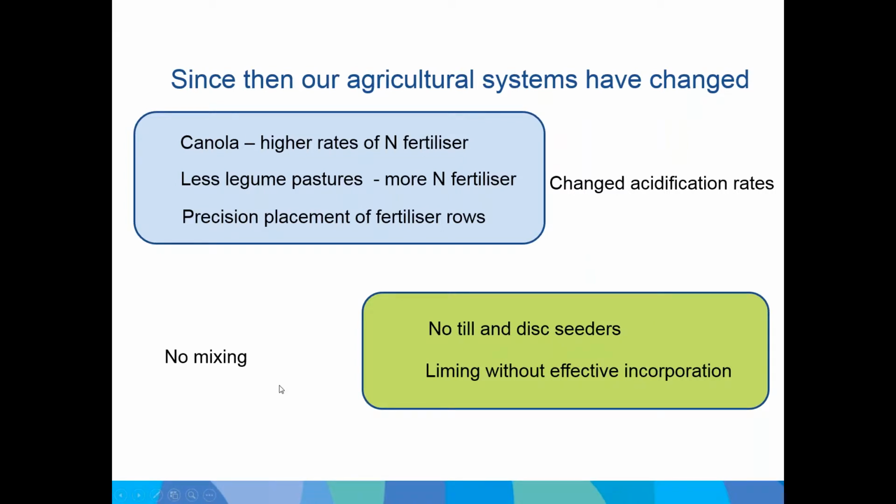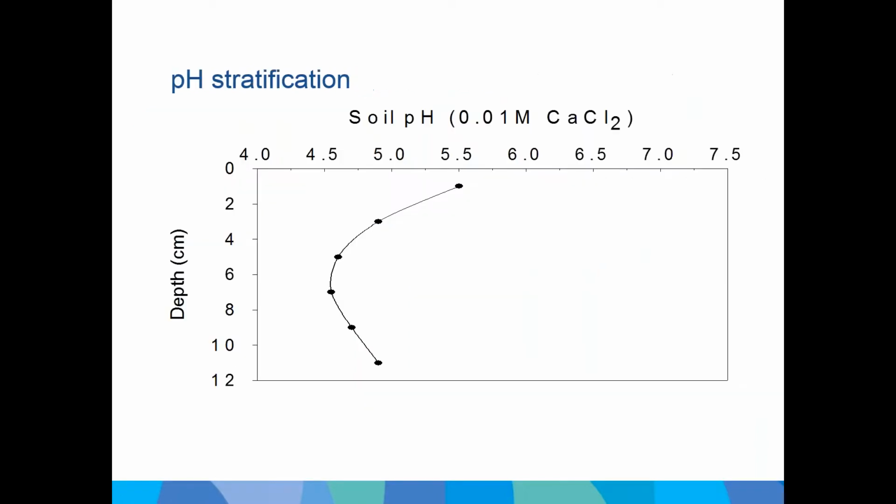And that is problematic. To give you an example of that, here we have depth down to 12 centimeters, and on our x-axis here we've got soil pH. And here's a profile, like this is a really common profile shape where it sits up and down on, left and right will depend on the soil.